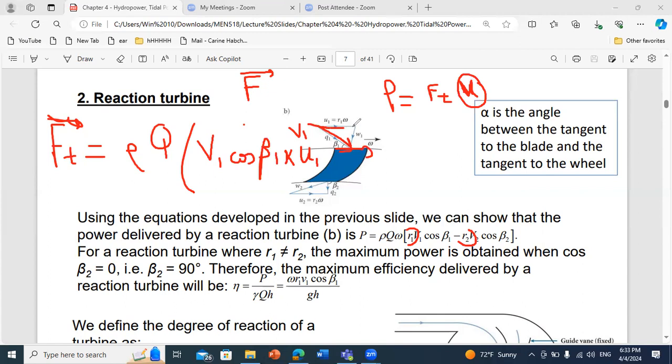So it is equal to r1 times omega. So we replace u1 by r1 omega, minus, at the outlet, you project the velocity. So you have v2 cosine beta 2.